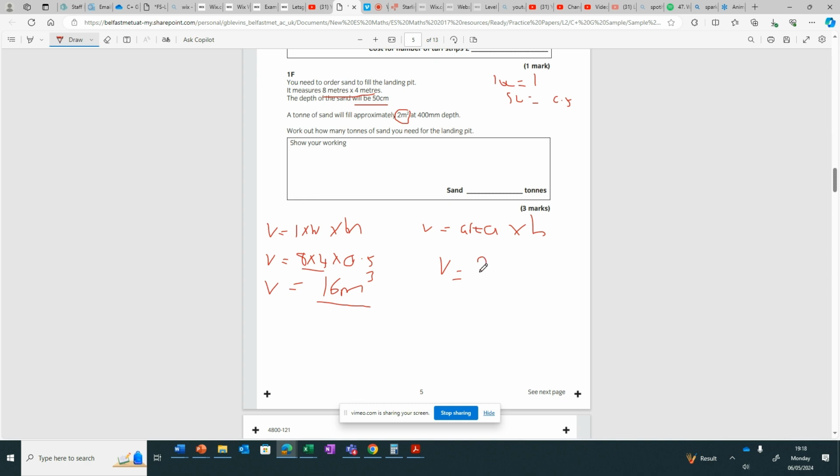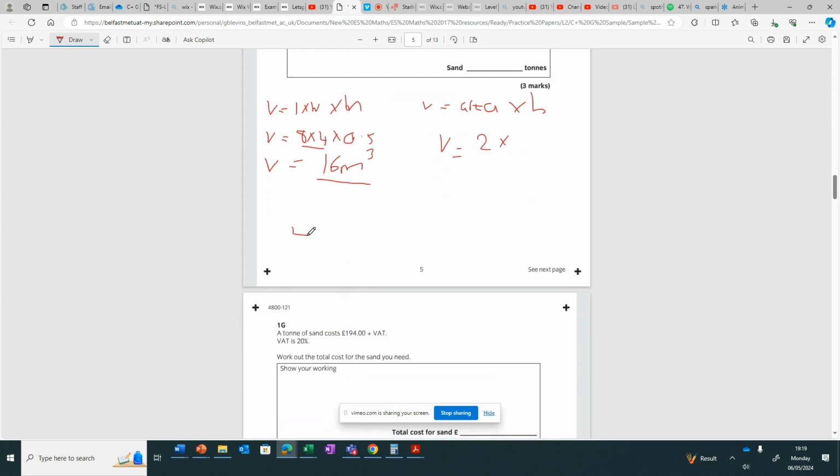The only problem is the depth is now in millimeters, and we want it in meters. So we could divide it by 1,000, as there's 1,000 millimeters in a meter, and get 0.4. Or if we don't know there's 1,000 mils in a meter, we can divide it by 10. That'll turn it to centimeters for us. And then we can divide it by 100 to get it to meters.